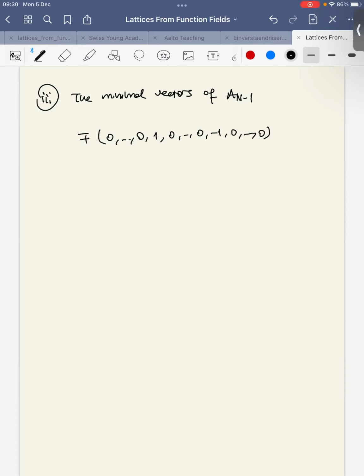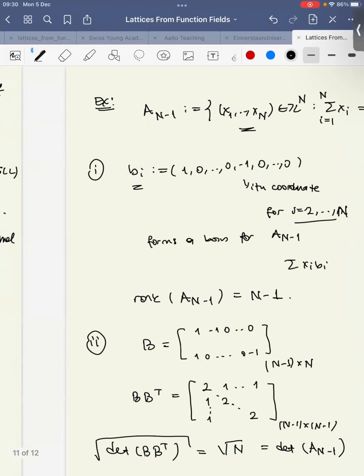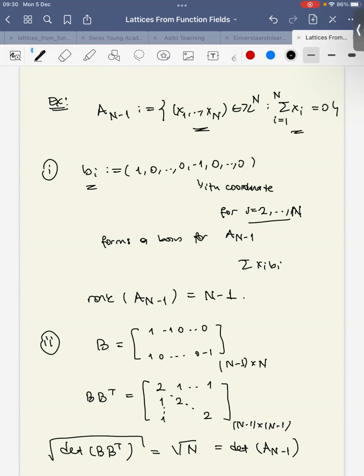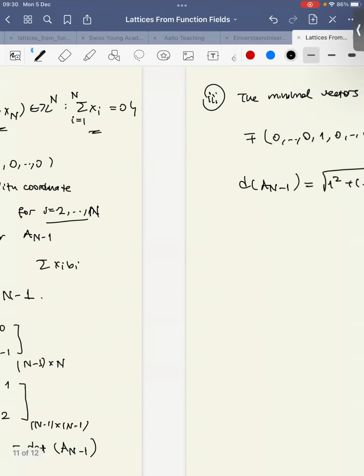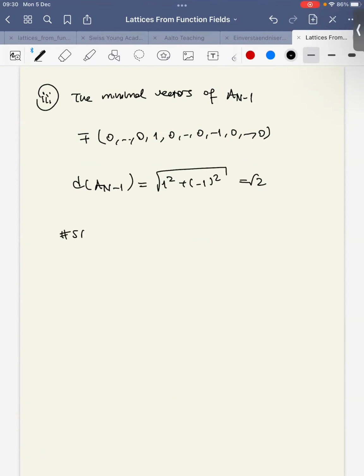And the minimum distance in this case is going to be the square root of 2, because any other vector inside of this structure will have length at least the square root of 2. And if we count the number of S(L) by using combinatorics, we can compute the kissing number as 2 times n choose 2.